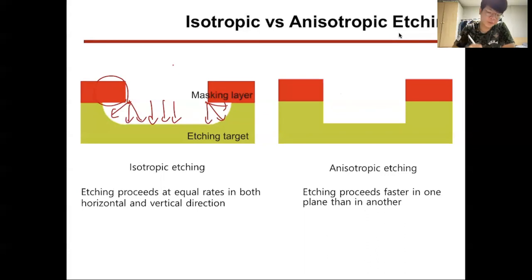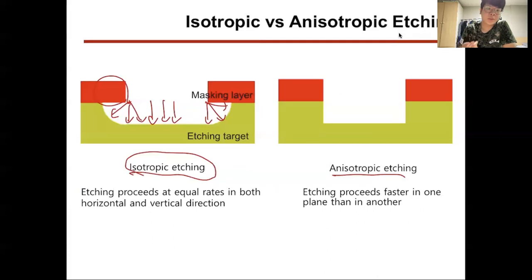However, using isotropic etching, we can make a bridge, so we can use it in MBC-FET, multi-bridge channel field effect transistors. When we make FinFET or logic gates, it is easier using anisotropic etching.